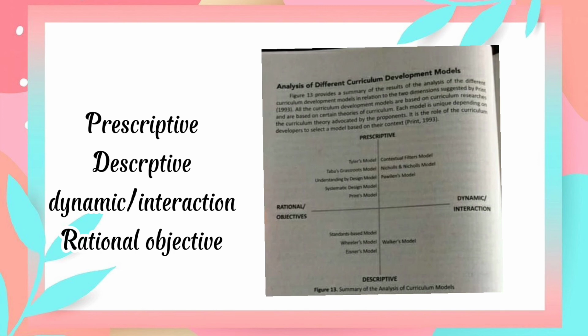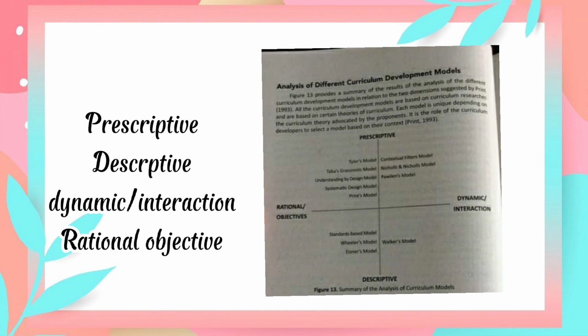In this picture, as we can see, is the summary of the result of the analysis of the different curriculum development models in relation to the two dimensions, which are the prescriptive and descriptive. These curriculum development models are all based on curriculum research and also on certain theories of curriculum.